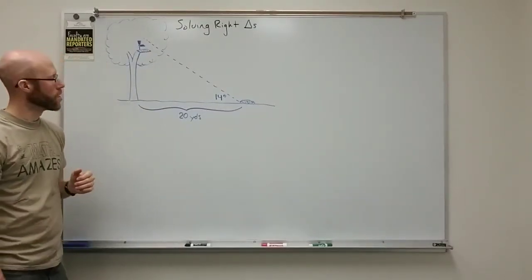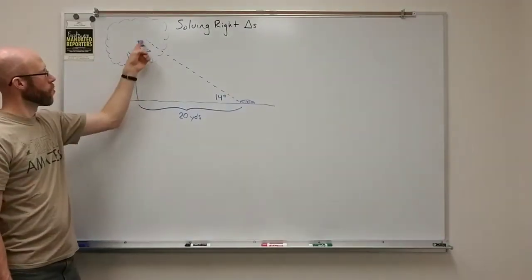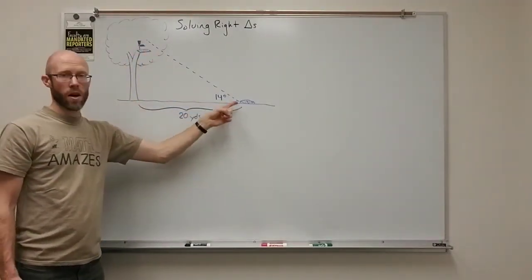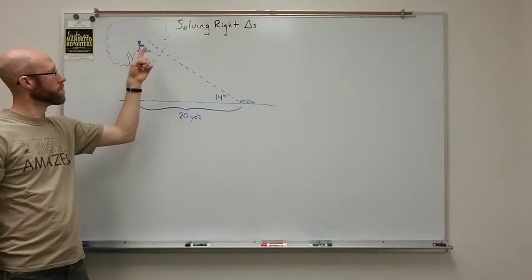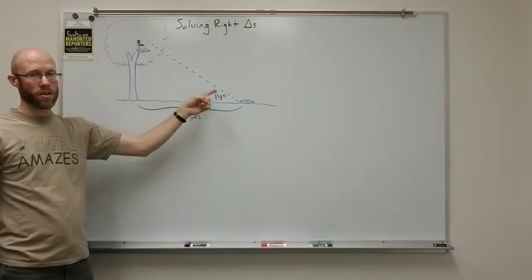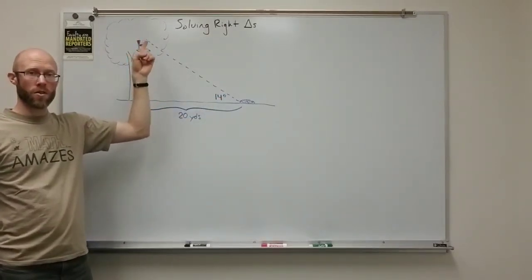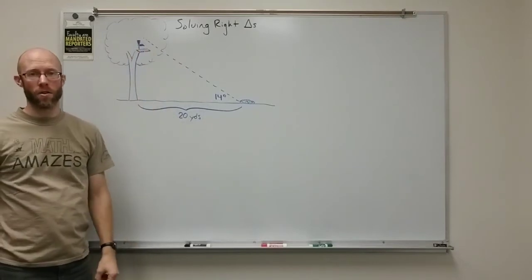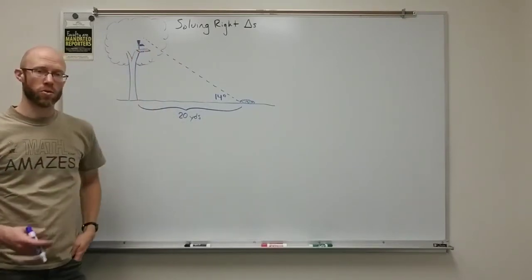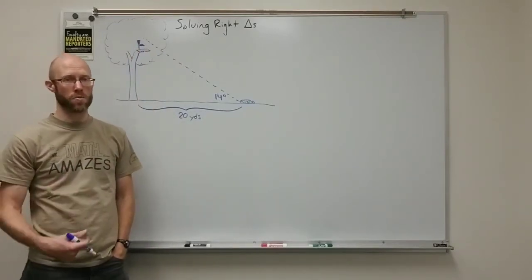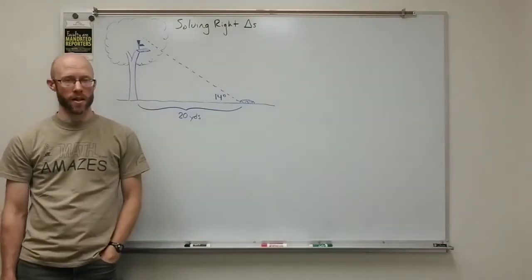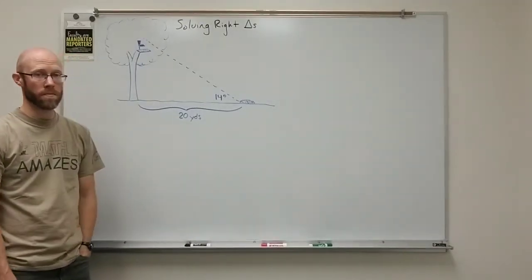And so the question then is, what is that distance along the diagonal, along the hypotenuse, that the actual shot is taken from? Okay, so what is the actual distance of the shot, not just the distance between the tree and the target?